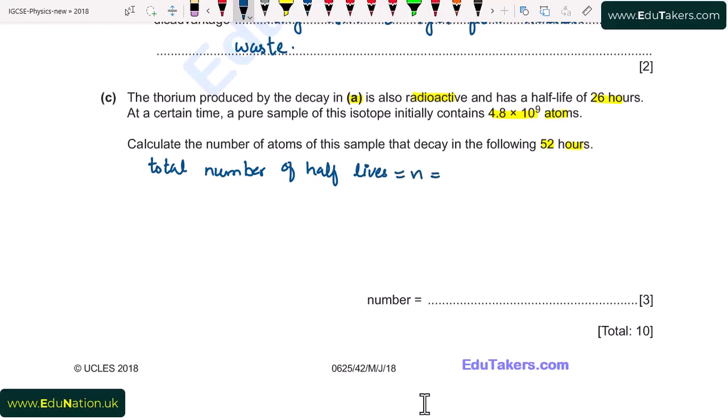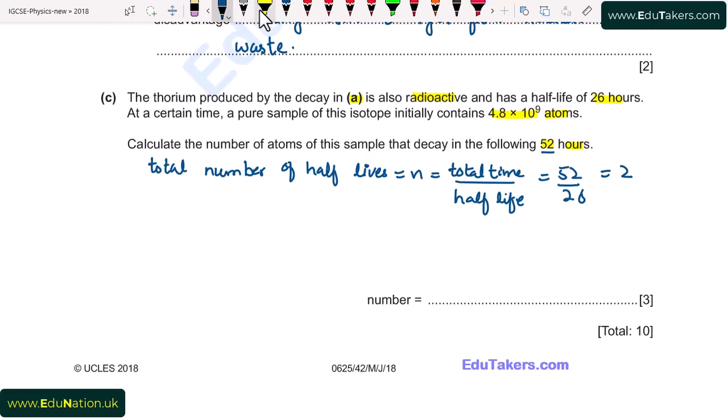It will be equal to total time divided by half-life. So here total time is 52 hours and half-life is 26, so there are a total of 2 half-lives.